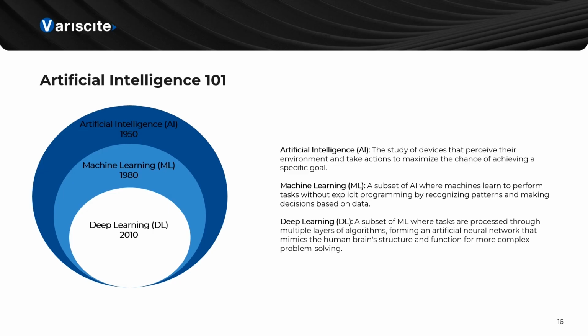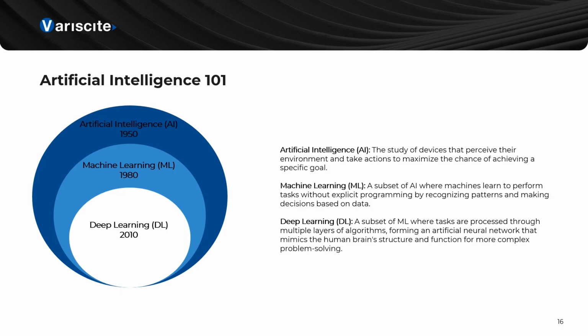In the 1980s, machine learning, or ML, emerged as a subset of AI. Instead of programming machines for every task, machine learning enables them to learn from data and recognize patterns. This means machines can improve their performance over time with more data. Then in the 2010s, deep learning, or DL, became more prominent.